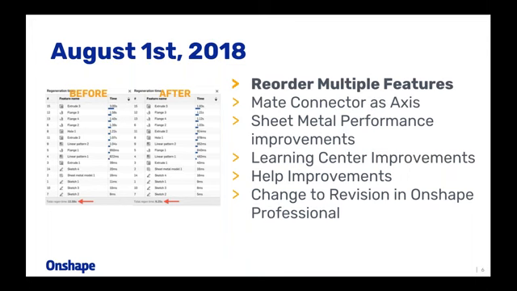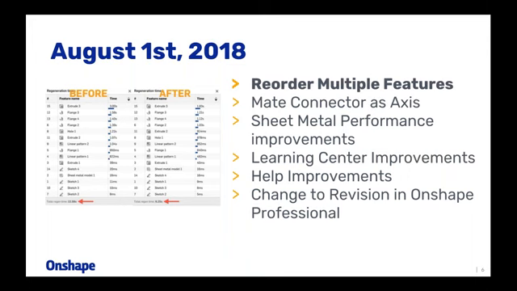I built a few different example models to highlight this. In general, in more complex multi-part sheet metal models, if you're designing multiple parts together in the same part studio, we've cut rebuild time down somewhere between 20 and 30%.